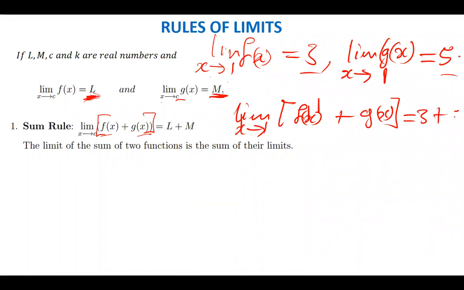Just say 3 plus 5, which gives you 8. Okay, so that's what they mean.